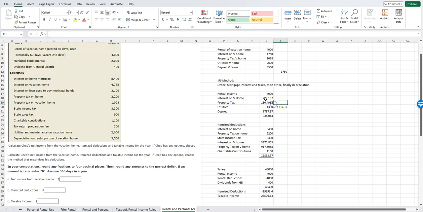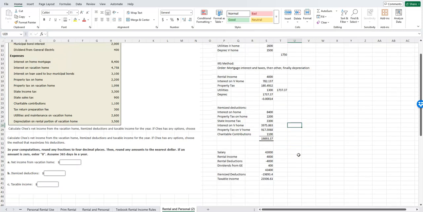So we don't want to waste our good itemized deductions on our for AGI up here. And so it's going to be more beneficial to do the IRS method if we're going to be in a net loss situation anyway and we can't take that net loss. That gives us more itemized deductions. So let me know if you have any questions, and thank you for watching.